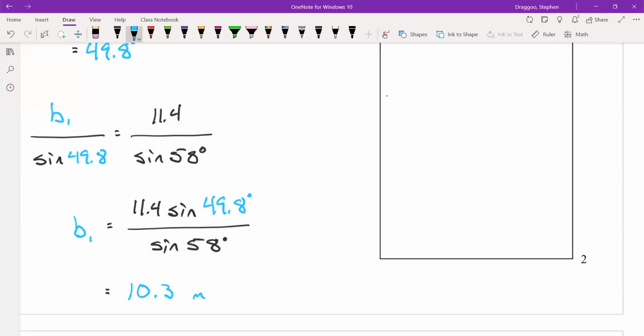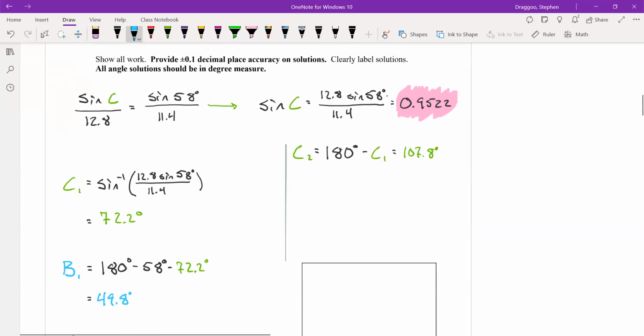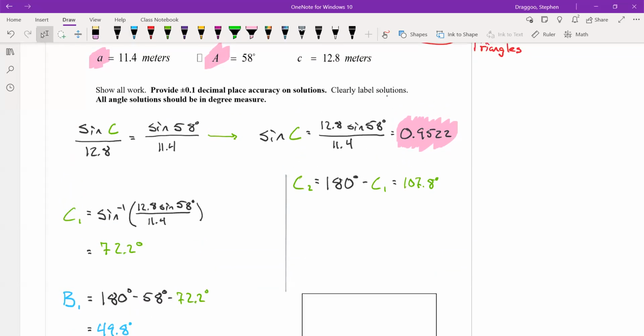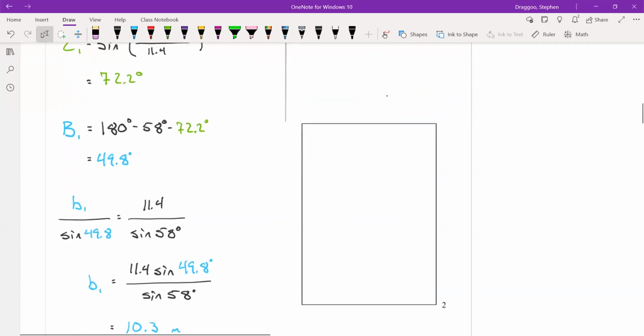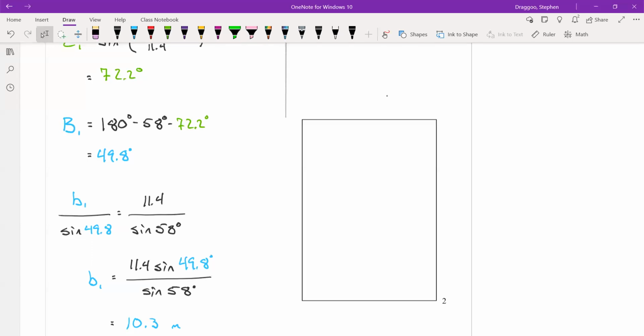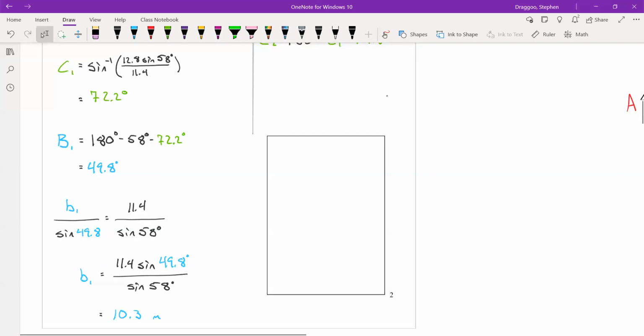And I believe we're in meters this time, right? Yeah, meters. So those three pieces together make up my first of the two potential triangles. Now I need to get the second.